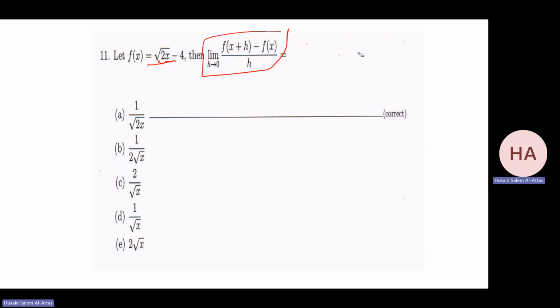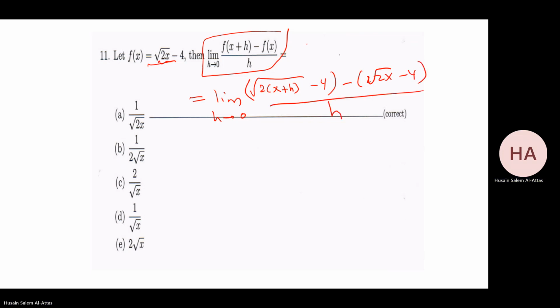Wait a minute, let me be careful in rewriting it. This is what? F of x plus h, square root of 2x plus 2h minus 4. This is f of x plus h minus f of x, square root of 2x minus 4, all over h.